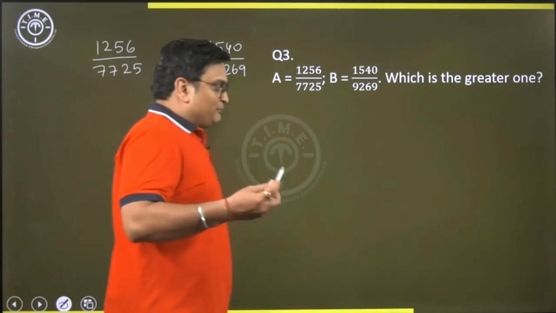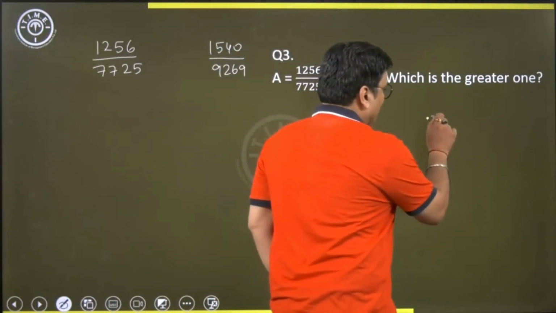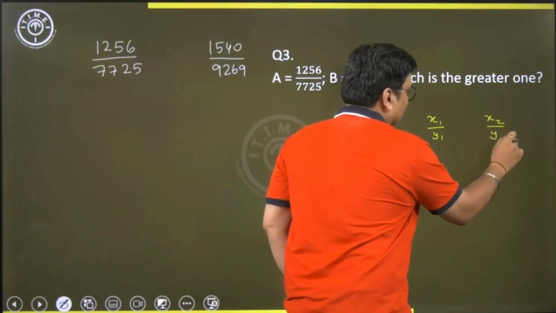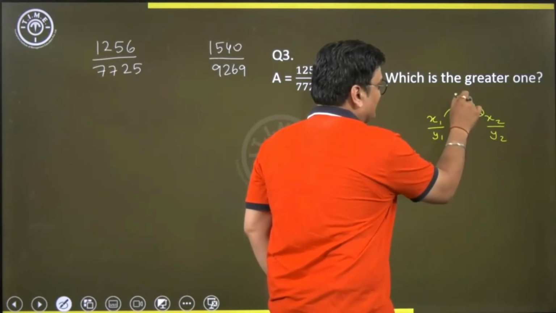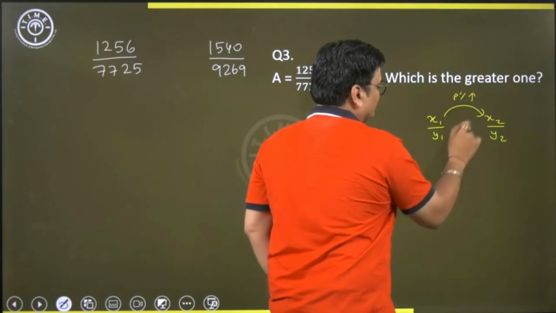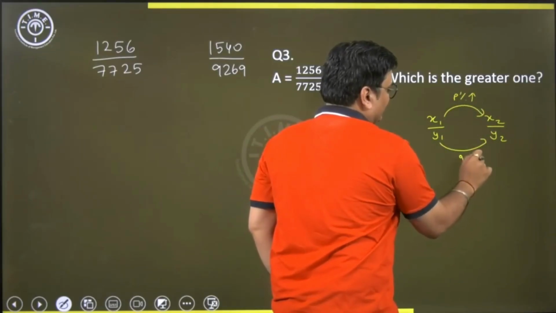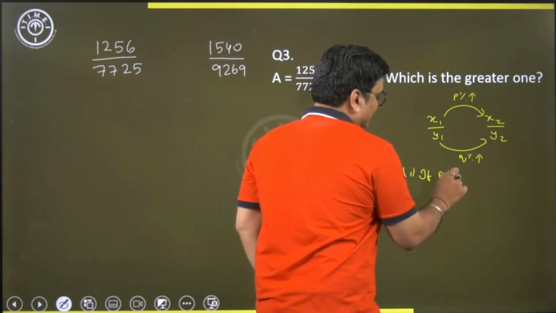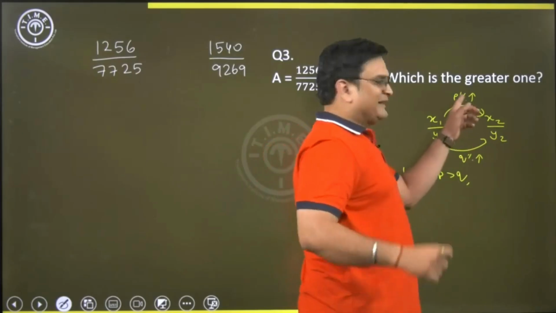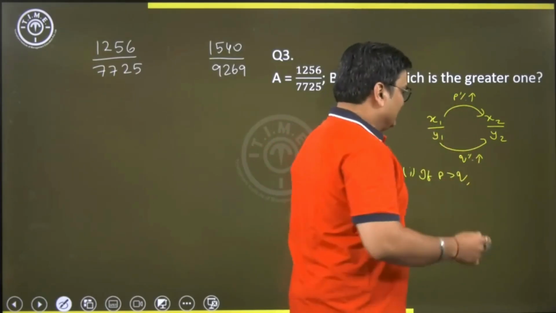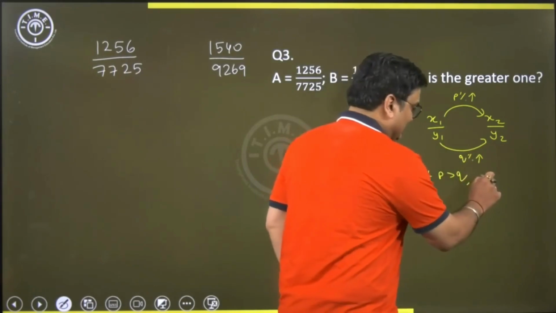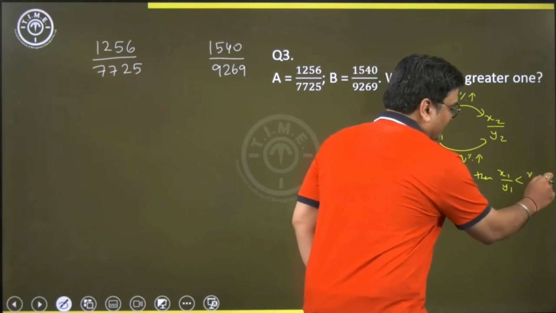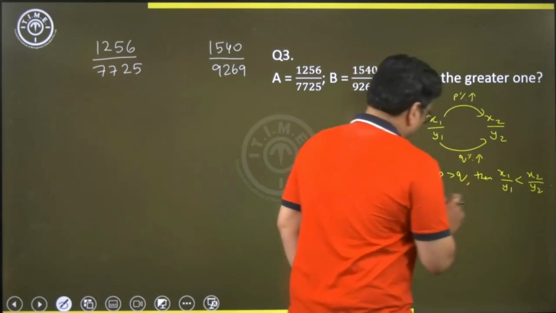You can probably remember it as, observe, you have first fraction, second fraction. Suppose the numerator is changing by p% increase, denominator is q% increase. Case 1, if p is greater than q, that means numerator is growing faster than the denominator, then the fraction value should increase, which means x1 by y1 should be less than x2 by y2.